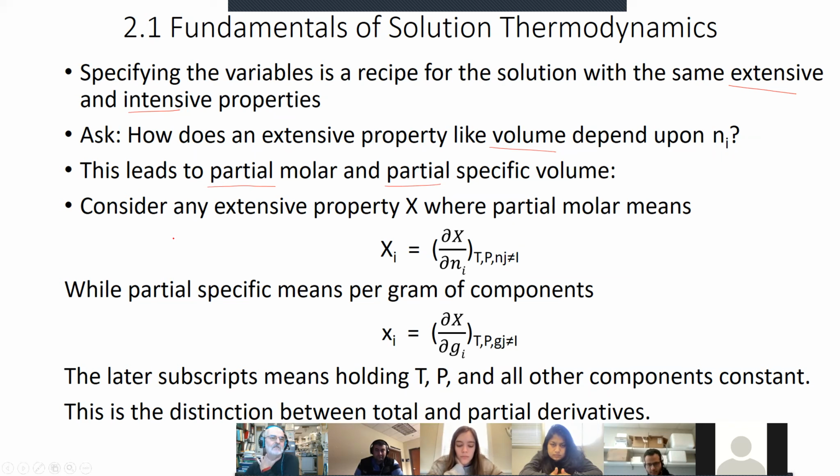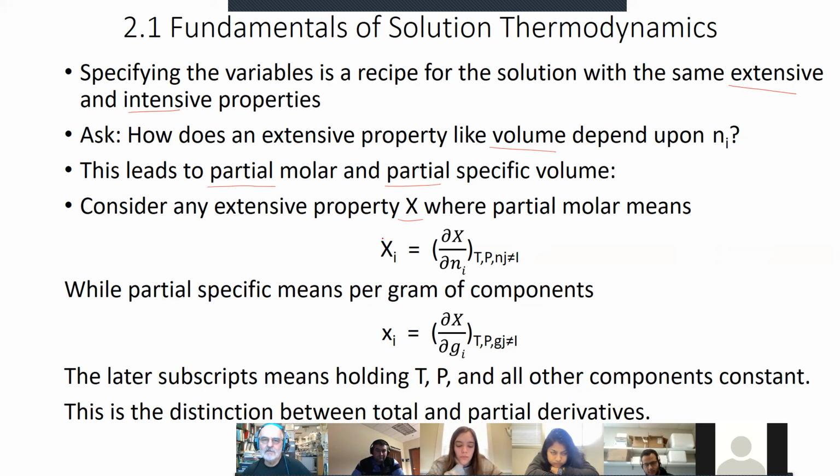The definition given in the text is that any extensive property like volume can be expressed as a partial molar quantity by taking the derivative of that parameter with respect to the number of moles, n sub i, at constant temperature, constant pressure, constant number of other moles in solution, and this will give you a partial molar quantity.